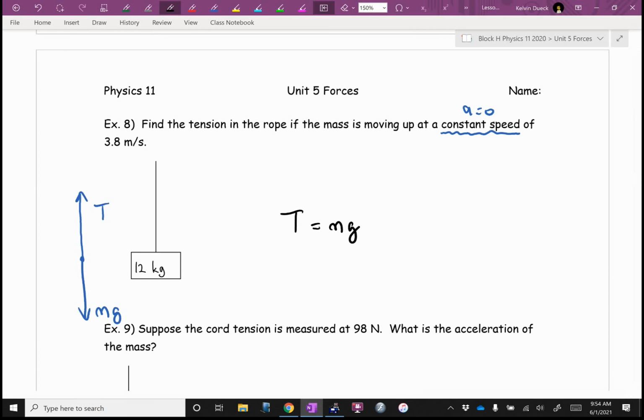What if, like Ronan, you saw the word up and you confused moving with accelerating? And that happens all the time. Don't feel bad. Okay, you would have then said, well, tension must be winning. You would have said T minus mg equals ma. How would you get the T by itself? You would have done this.